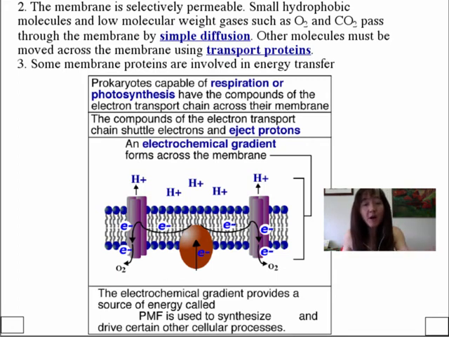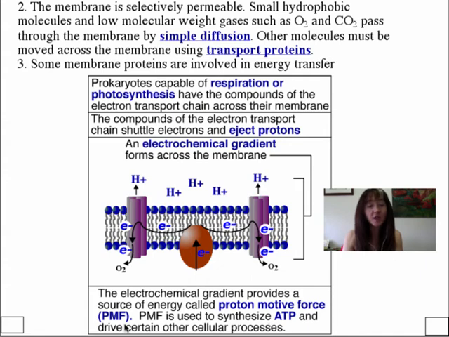Well, think about molecules that might be outside of a bacterium as having interest in riding the PMF on into the cell. So this is a good way for bacteria to power the transport, the influx of molecules as well. So the electrochemical gradient provided by the proton motive force can be used to synthesize ATP and also to drive certain other cellular processes, you might just want to jot down there, such as flagellar rotation and transport.